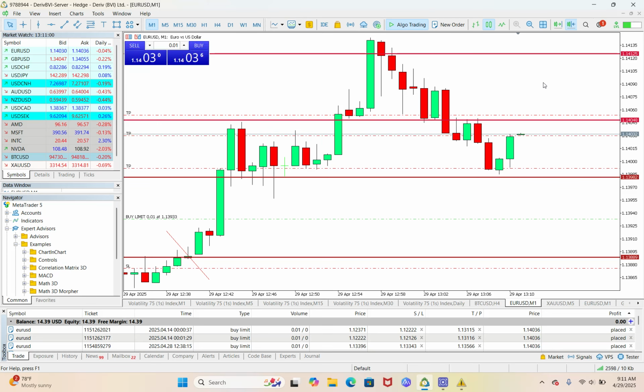But with this strategy, you're trading the trend, and this strategy protects you from a potential losing trade by calculating the profit margin from your structure.